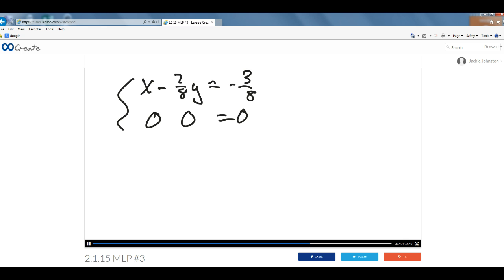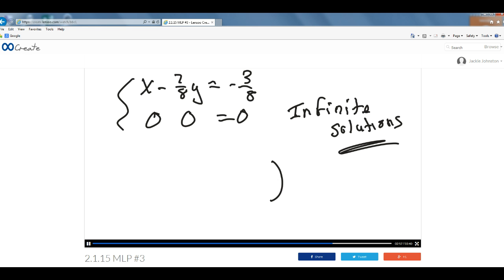So what does that tell me as far as my system? That tells me I'm going to have infinite solutions. But we need to write it in terms of our parameter. Our answer isn't just infinite solutions. We need to write it in terms of our variable, and our parameter here is going to be y. We have two variables, so y becomes the parameter, and y can be any number.